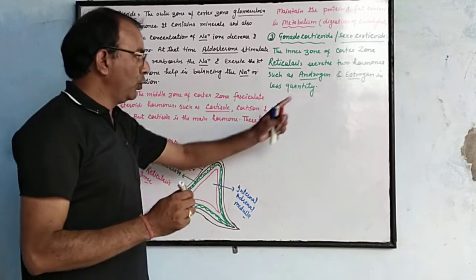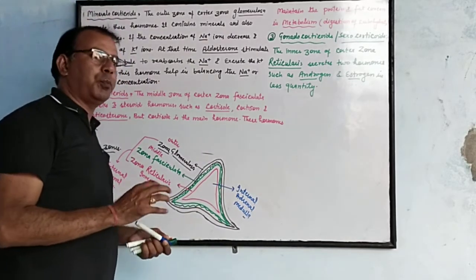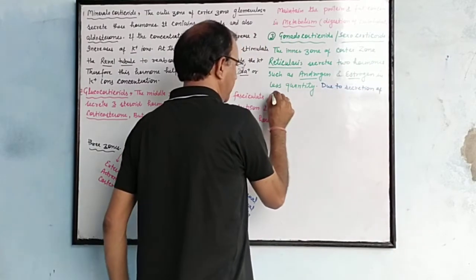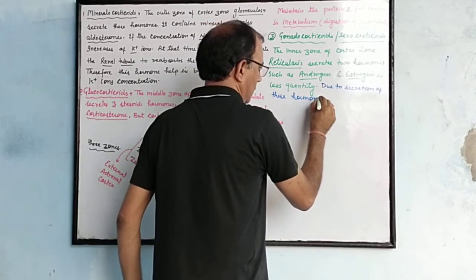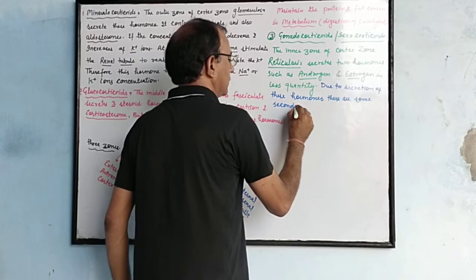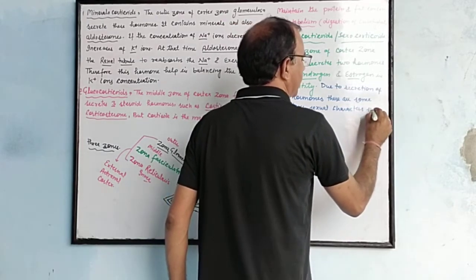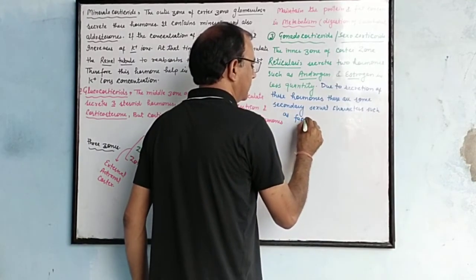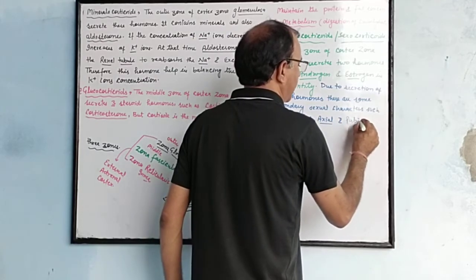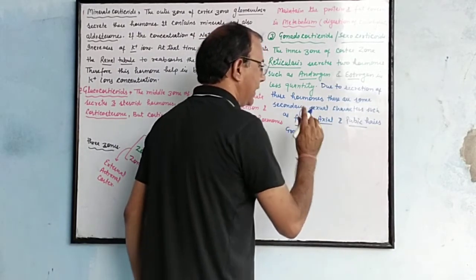Due to the secretion of these hormones, there are some secondary sexual characters, such as axillary, facial and pubic hair development, or you can say growth, can take place.